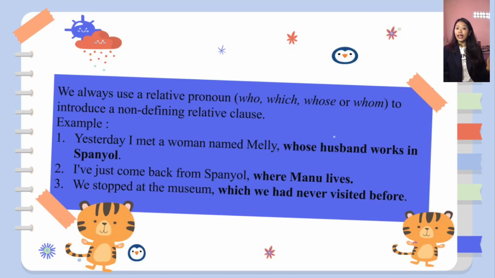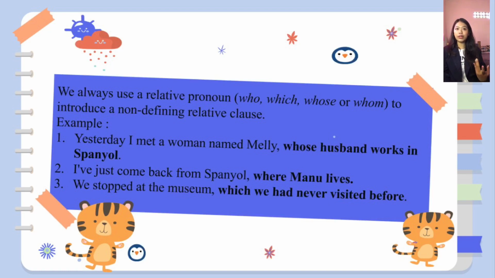Okay, in a non-defining relative clause, we always use a relative pronoun like who, which, whose, or whom, the same as in a defining relative clause, to introduce it. For the examples here, I made 3 examples, especially for myself and Manu.